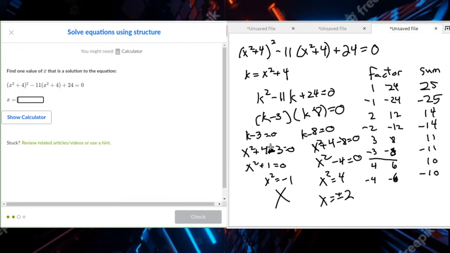And let me substitute to make sure that's going to work. I'm going to take positive 2, stick it up here. 2 squared is 4, plus 4 is 8. 8 squared is 64.